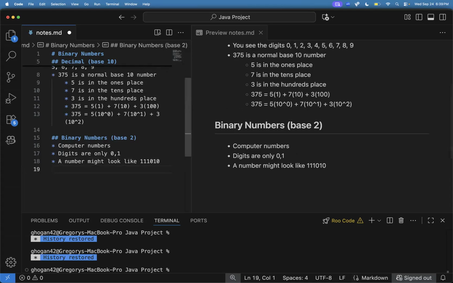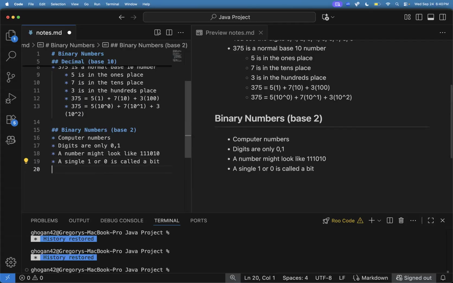I remembered what I was about to say now. I was going to say a single one or zero is called a bit. Eight of those together, eight ones or zeros, is a byte.